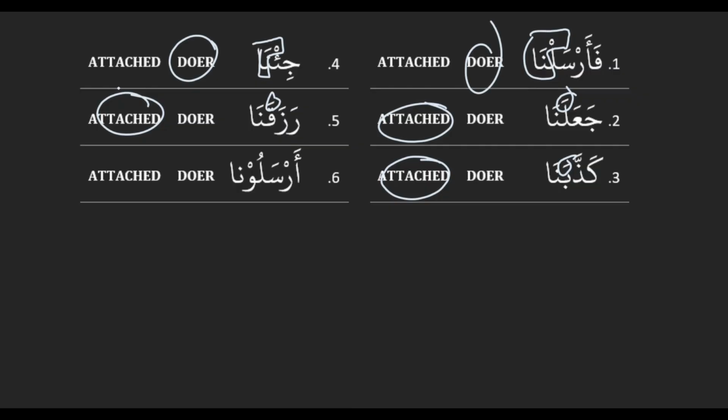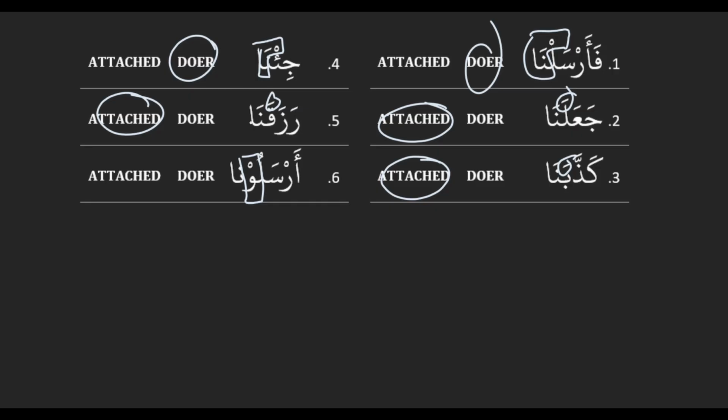And أَرْسَلُونَا. I'm going to say doer because there's a sukun before the na. There is a sukun before the na, but I want you to look closely at this one. أَرْسَلُوا. What do we have? The sukun is sitting on a wow. And what does a wow tell us? Wow tells us "they."